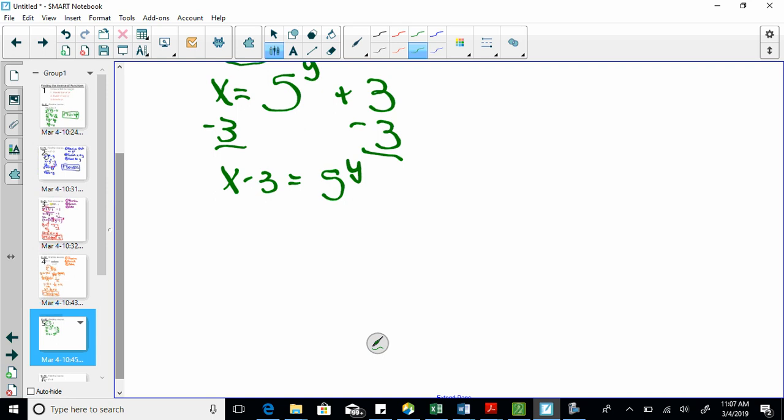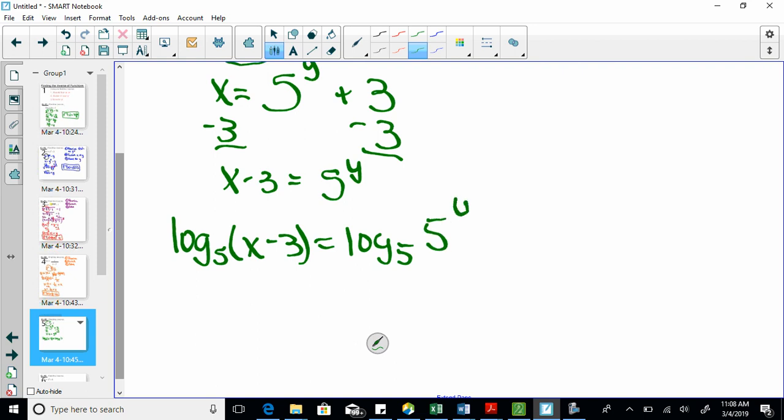So what we're going to do is write both sides as log base 5, that means a little 5 beside log, of both sides. So log base 5 of x minus 3 equals, also on the right side, log base 5 of 5 raised to y.